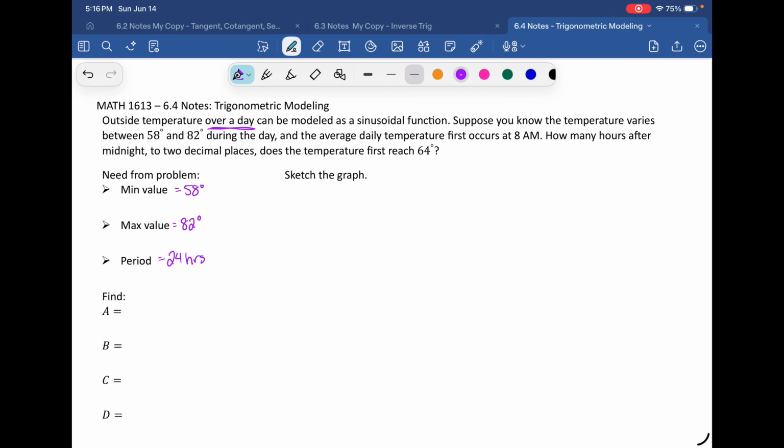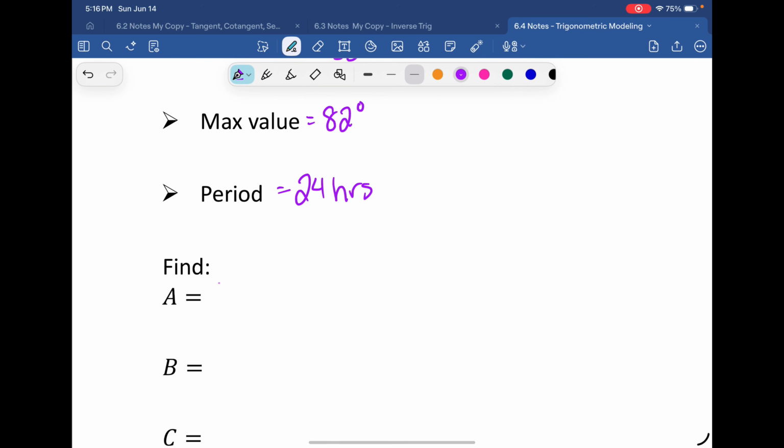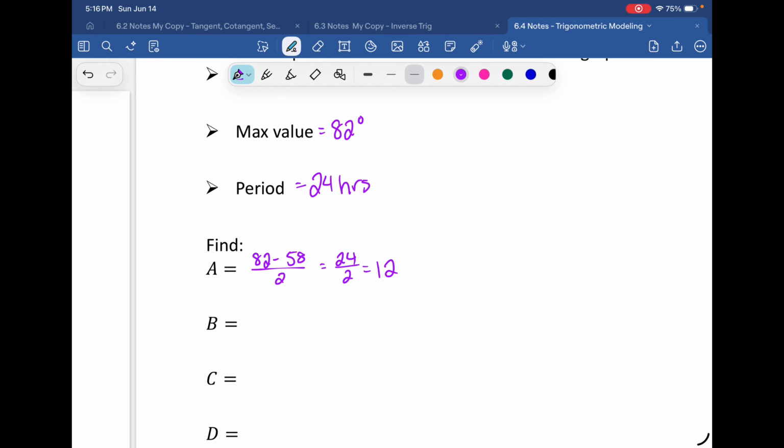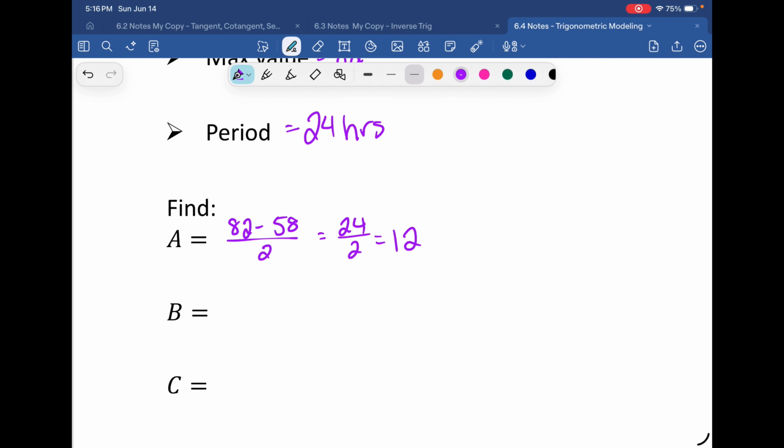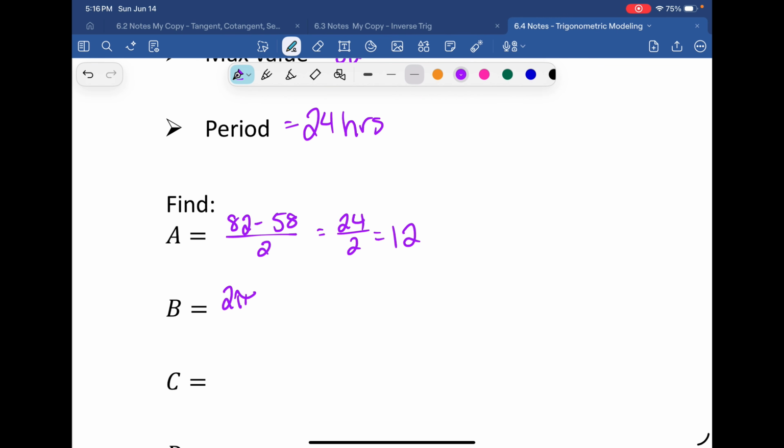All right, I can find the amplitude pretty easily. Max minus min divided by 2. So max 82 minus 58 is 24. Divided by 2 is 12. I can find the b pretty easily because that's 2 pi divided by the period.